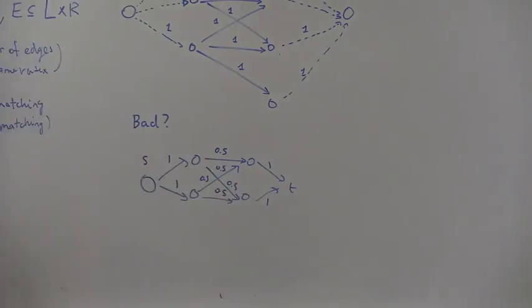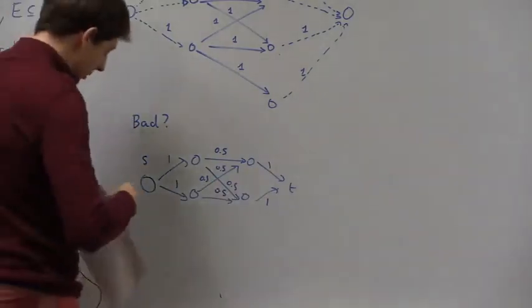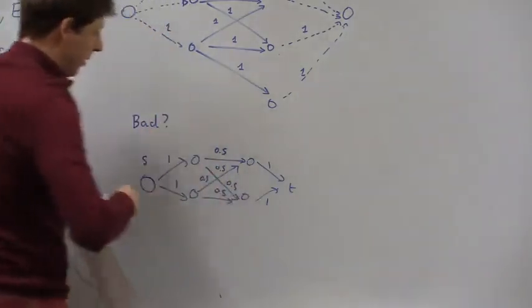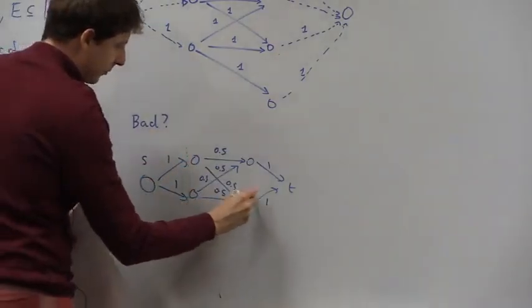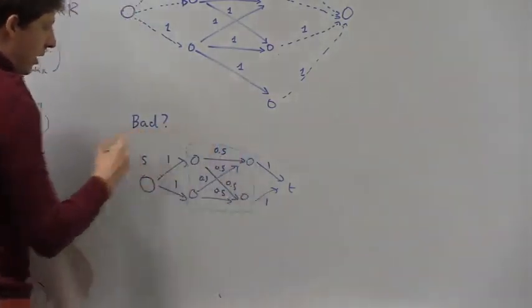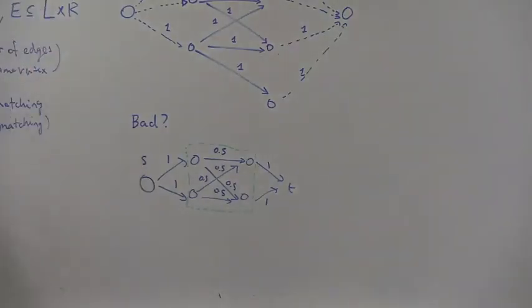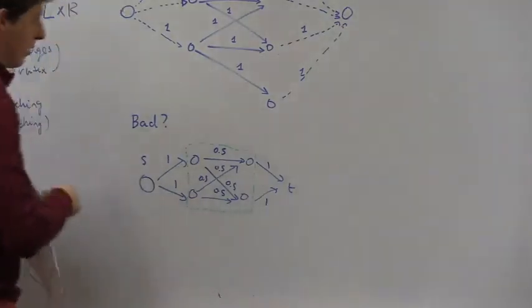This would be a max flow on this instance, and it looks like a worrisome example, because this inner part of the graph could have been our beginning bipartite matching instance, our bipartite graph.